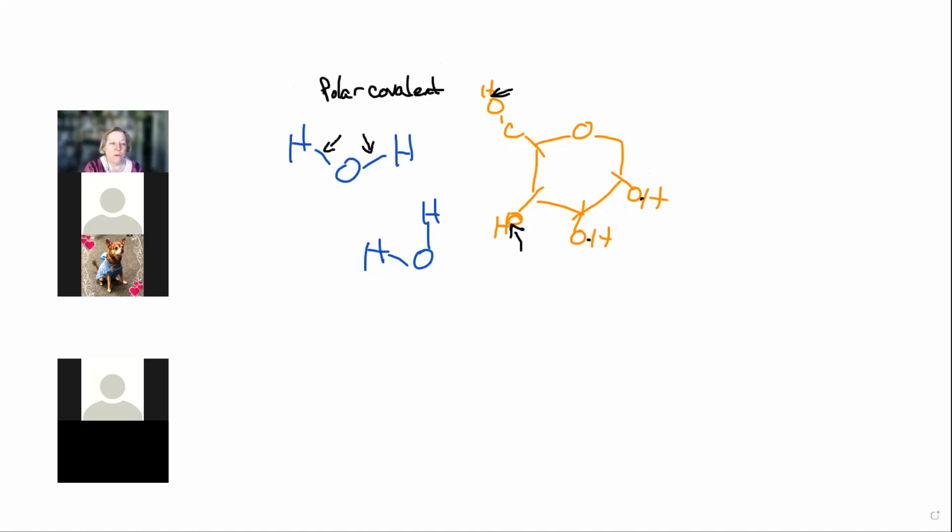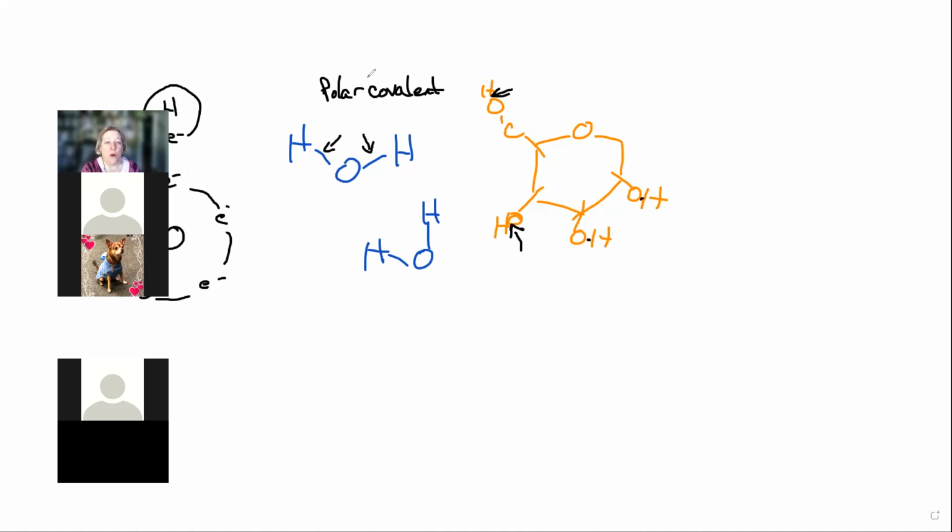Okay. So if we blow up the oxygen really big, remember in its outer valence electron shell, it has 6 electrons, okay, and it wants 2 more, okay, and I'm going to draw just one hydrogen, just to make it a little easier. So hydrogen has 1 electron in its outer valence electron shell, and it wants 2, okay.